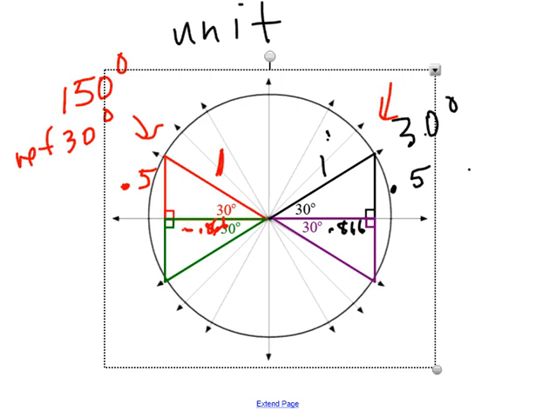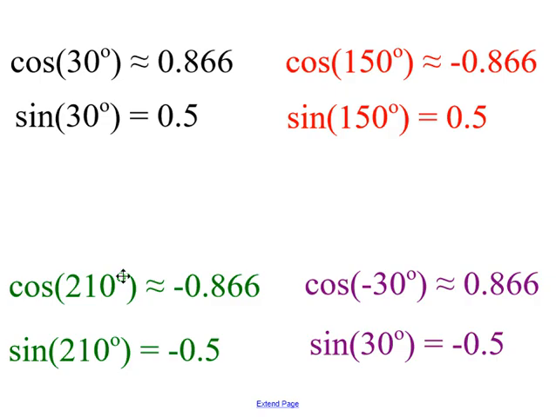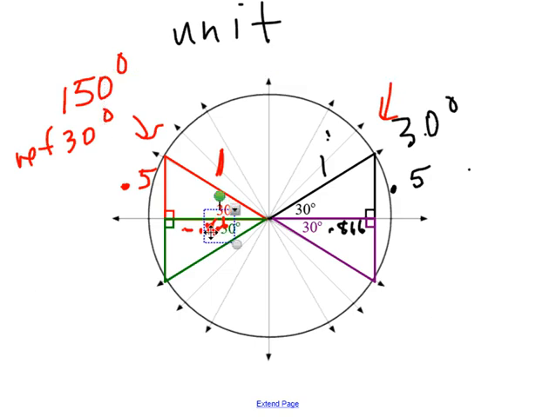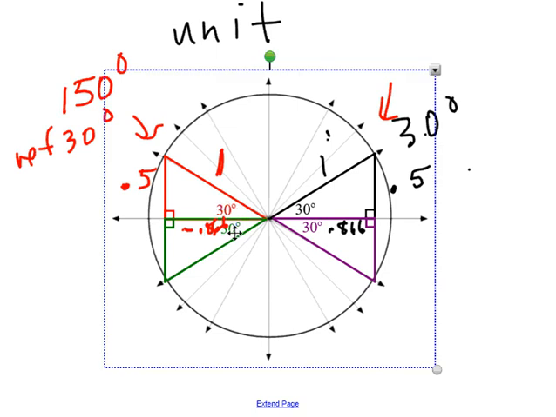So let's see what happens when we go to quadrant 3, 210 degrees. It looks like both cosine and sine ratios are negative. They're the same size because a 210 degree angle has the same reference angle. It's kind of hiding under this 0.866, but it's there, it's 30 degrees.